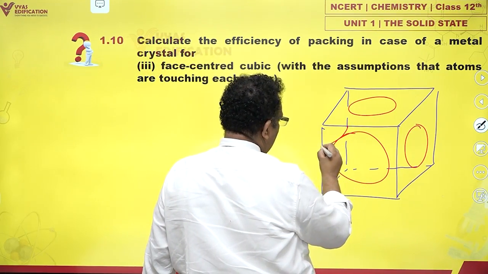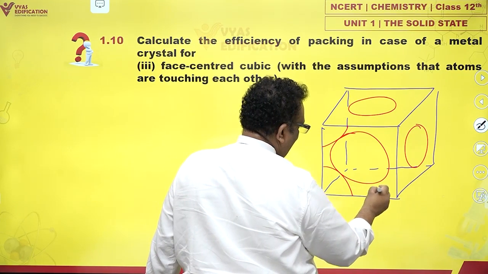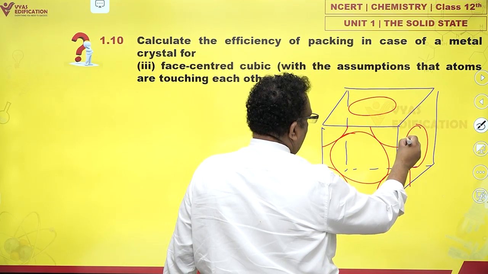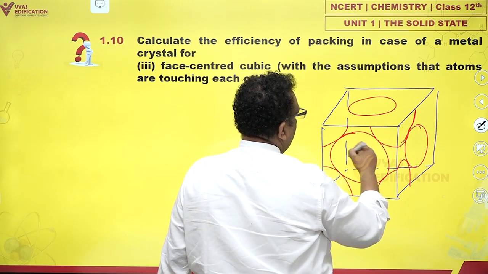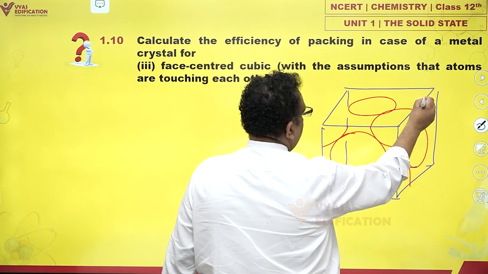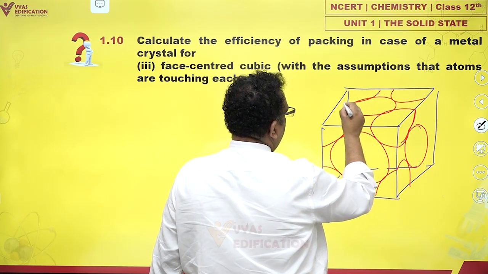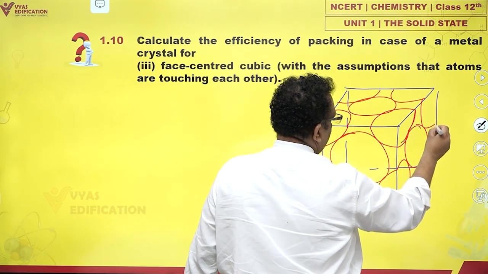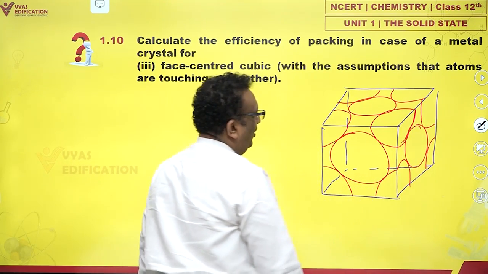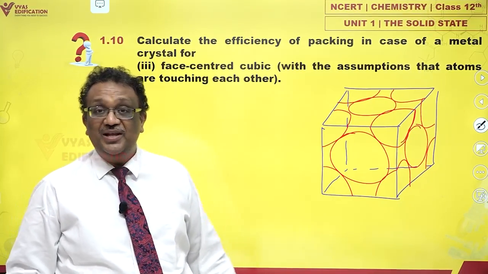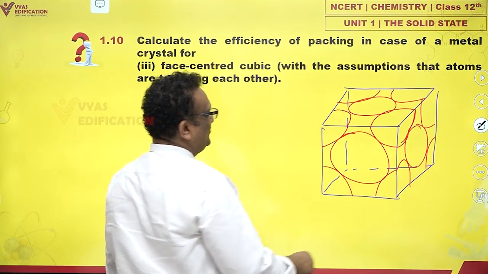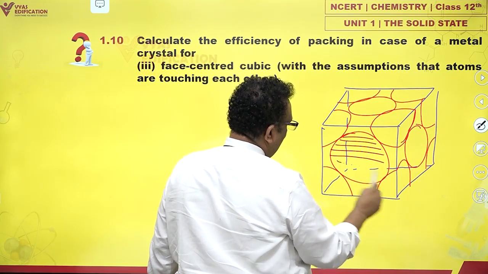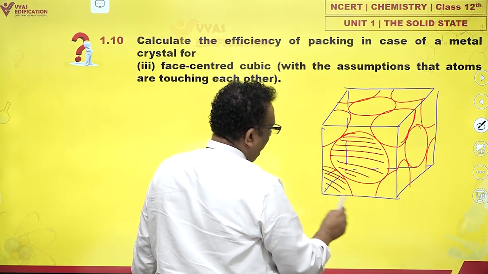We will have the corners. Just take a look like this. Oh wow, this is what FCC looks like. You can shade it also in case you want to make it more prominent.